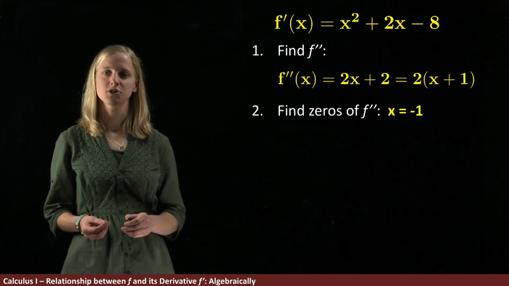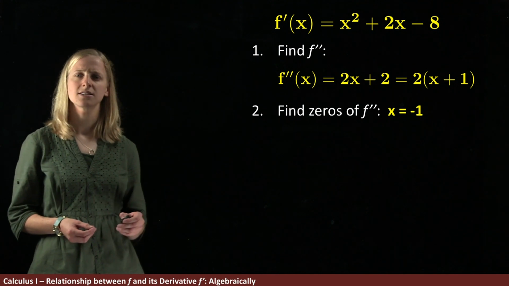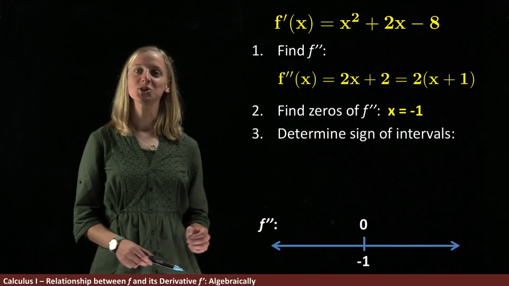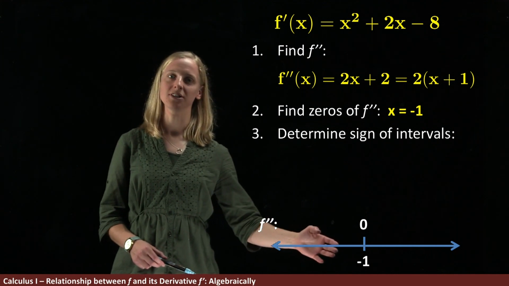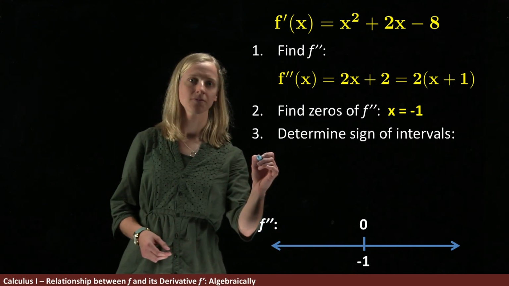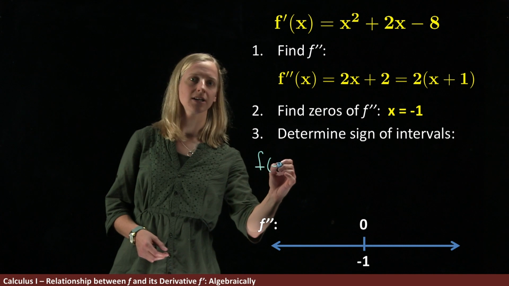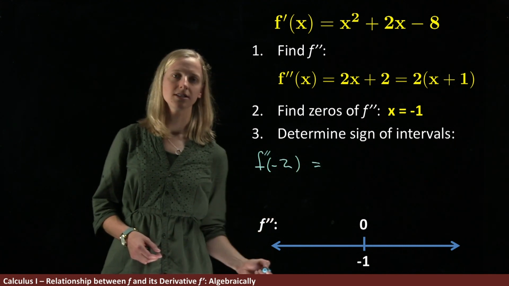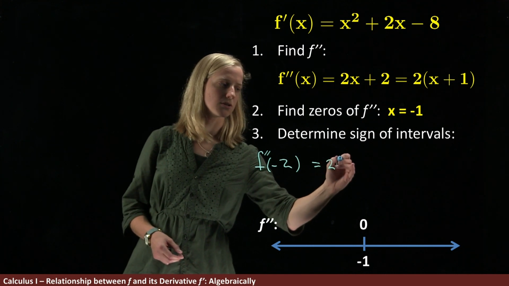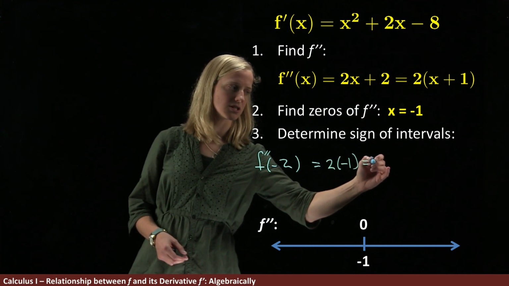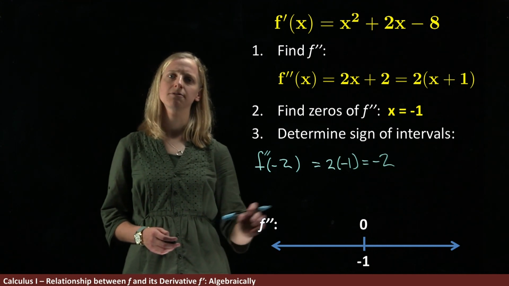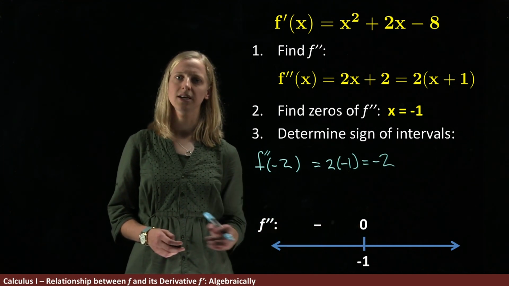Just like we did with the first derivative, we're going to find the sign of the intervals with the second derivative. We choose a value between negative infinity and negative 1, say negative 2. So f double prime of negative 2 is equal to 2 times negative 1, which is negative 2. So the second derivative between negative infinity and negative 1 is negative.